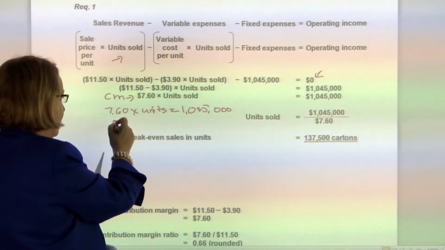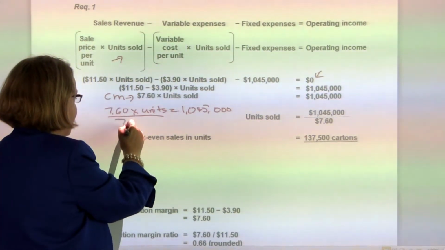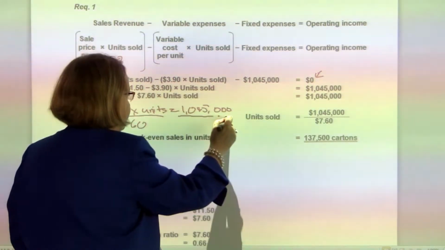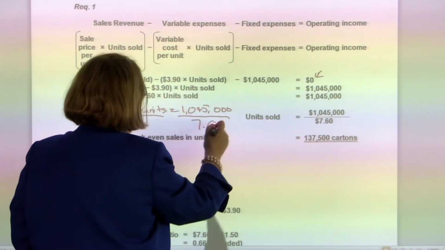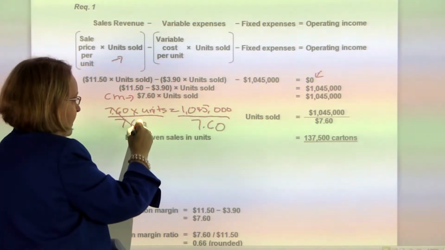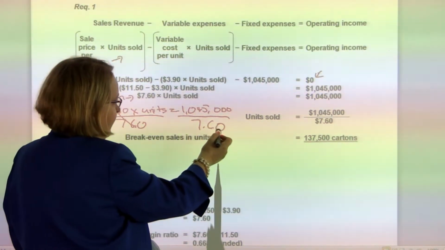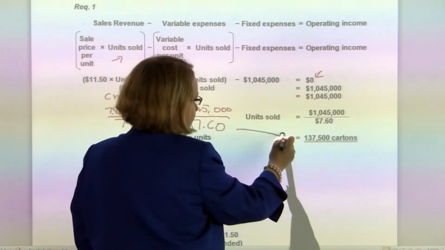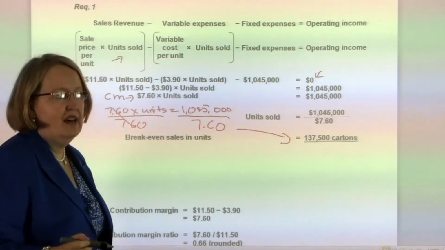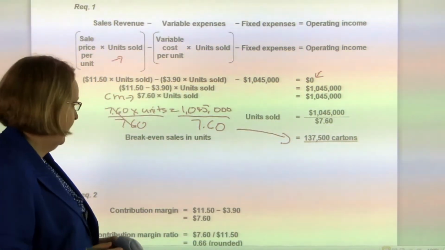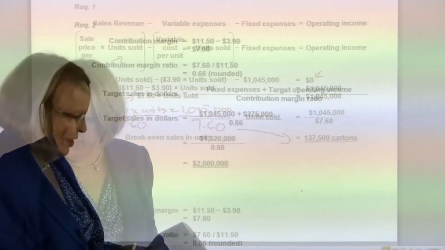So you divide both sides by 7.60, and we eliminate these two. The number of units is 1,045,000 divided by 7.60, and that equals 137,500 cartons. So that's requirement 1.